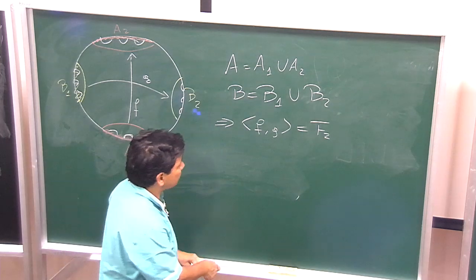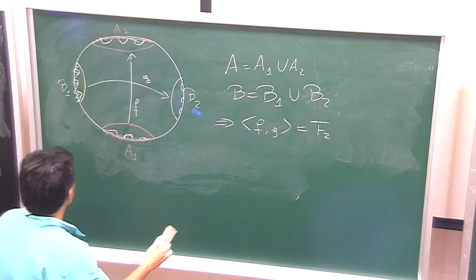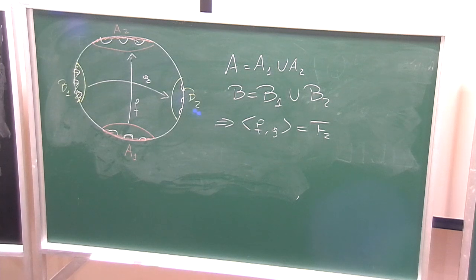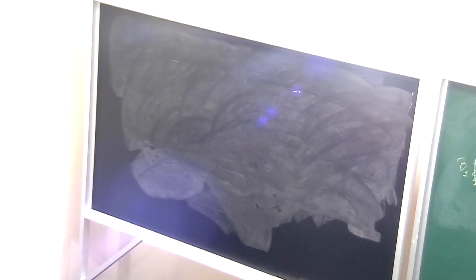Good. Well, this is a group of homeomorphisms of the circle, and what we want for the orderability issue is a group of homeomorphisms of the real line. But what you can do is to take lifts of these maps to the real line.